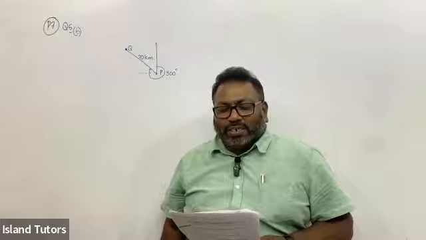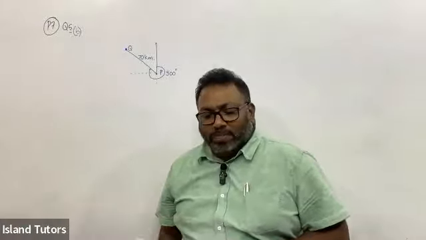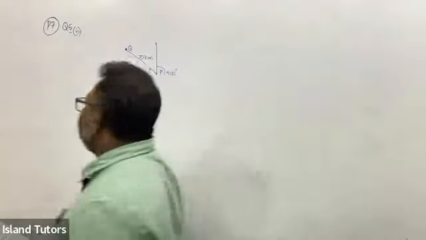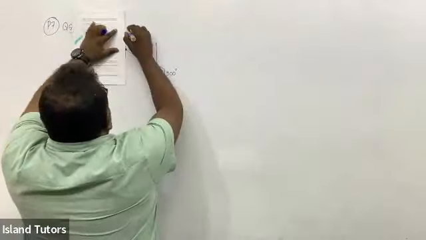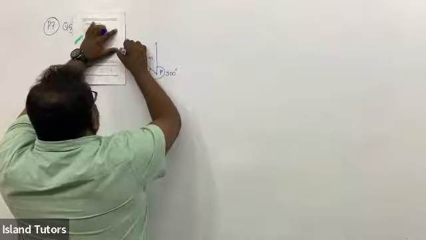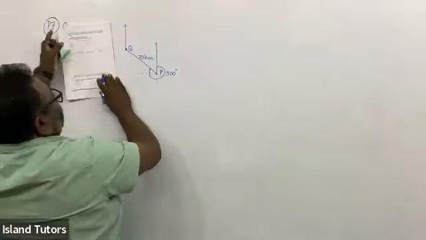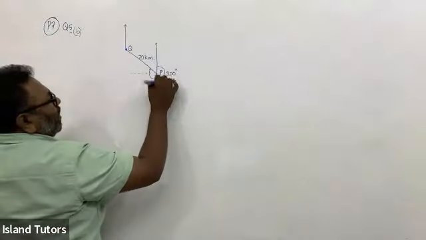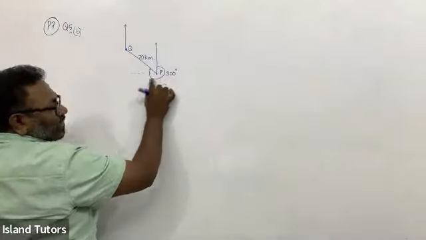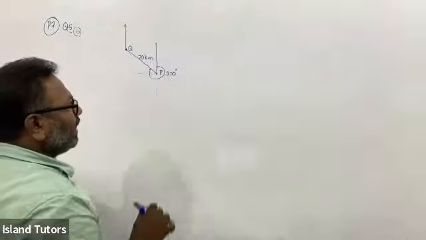And then from Q, it traveled another 70 kilometers on a bearing of 150 degrees. So we'll take a perpendicular here. And from here, we know this is 300 degrees.